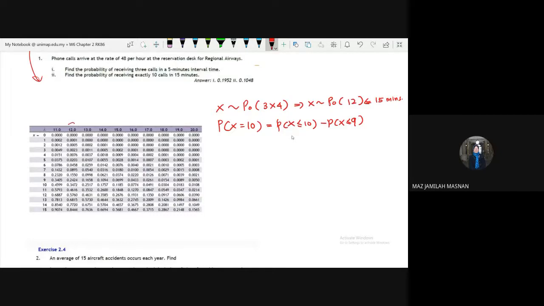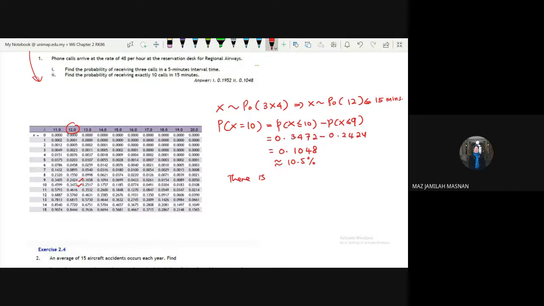So for 12, you are looking for 10. This one is 0.3472 minus 9, 0.2424, you will get 0.1048. So 10.5%.